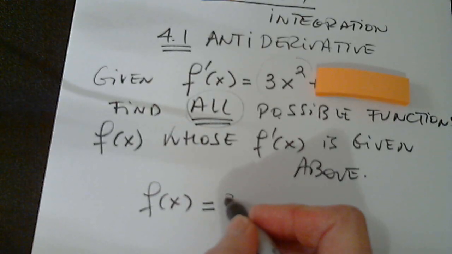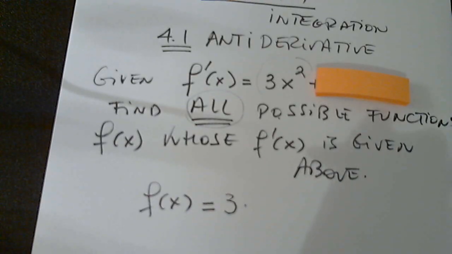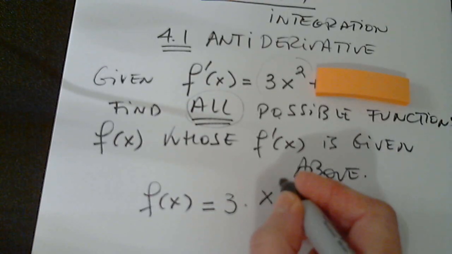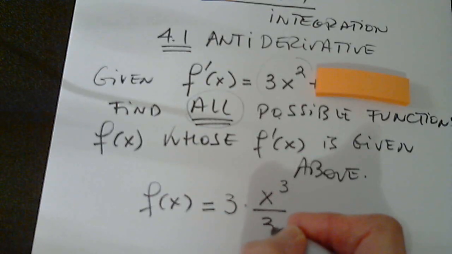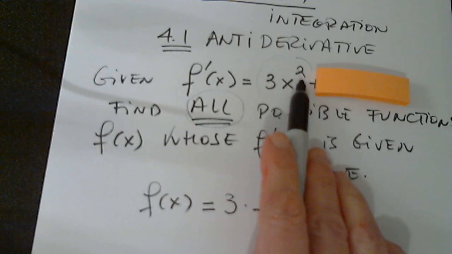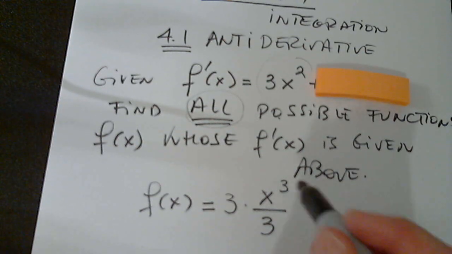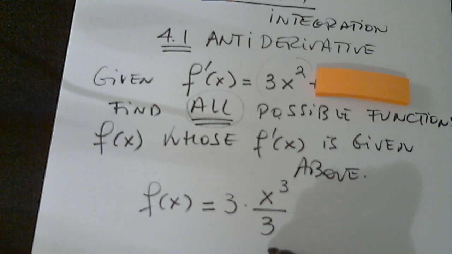Well, 3 has to stay. And I will have to multiply it by x to the third divided by 3. How did I come up with this? I increased the existing power by 1, and I divided by the result, by that number.